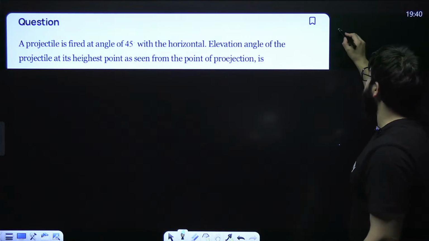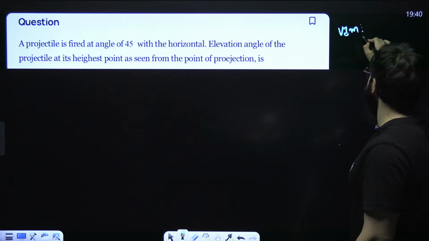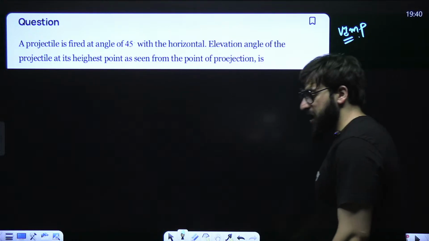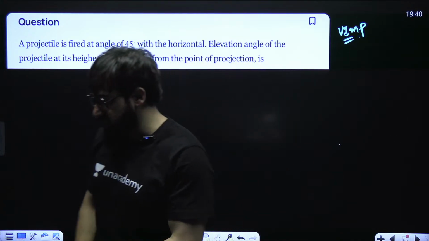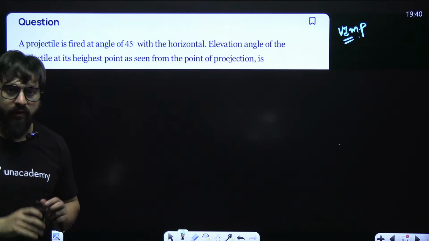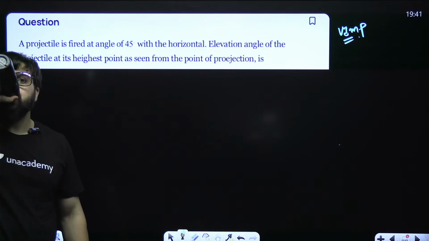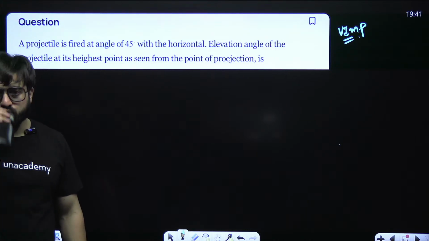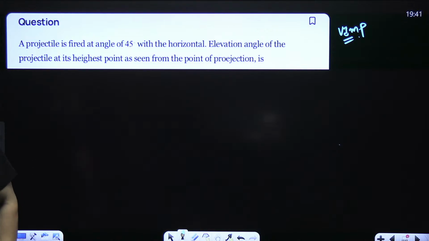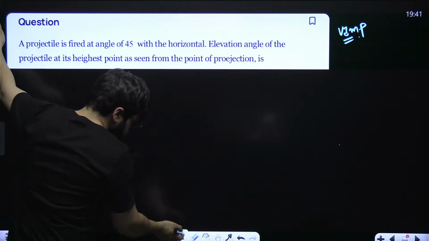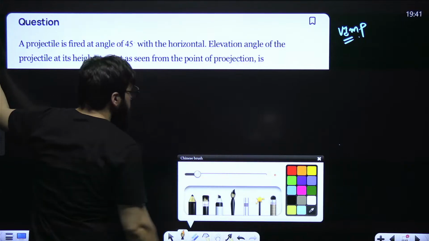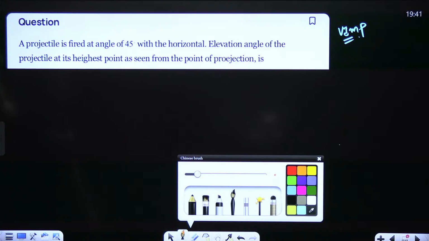Now, this is the important question, which I would want you guys to focus on and solve. See guys, what is given over here? A projectile is fired at an angle of 45 degrees with the horizontal.